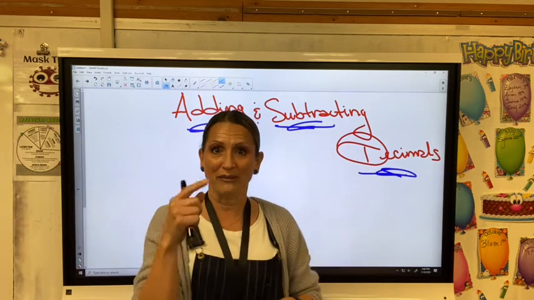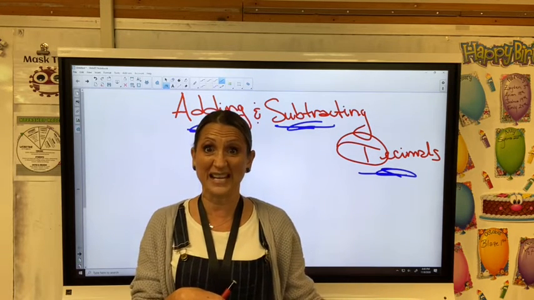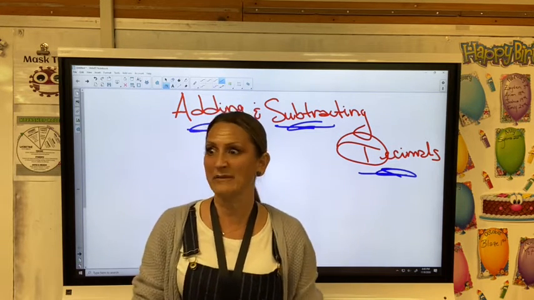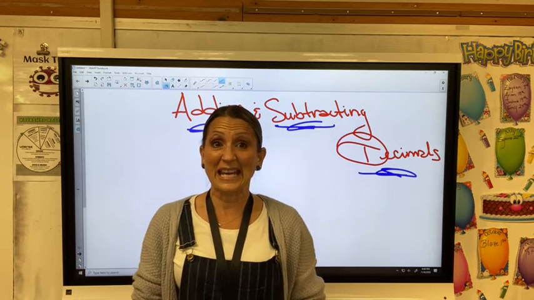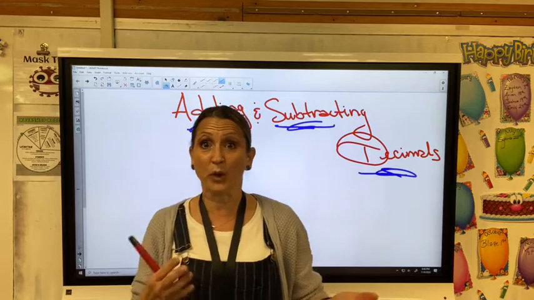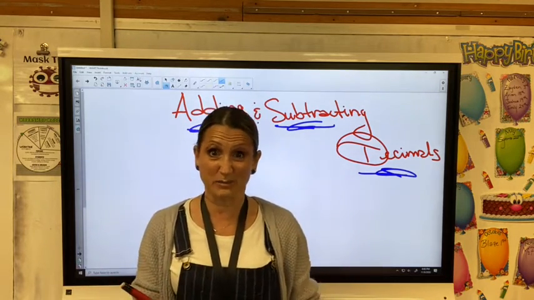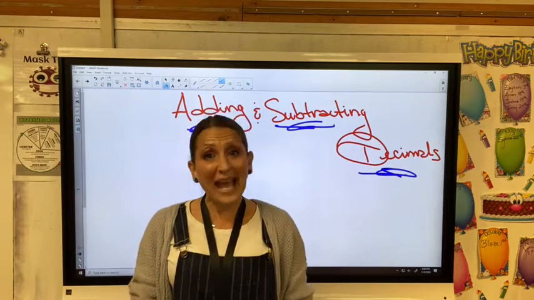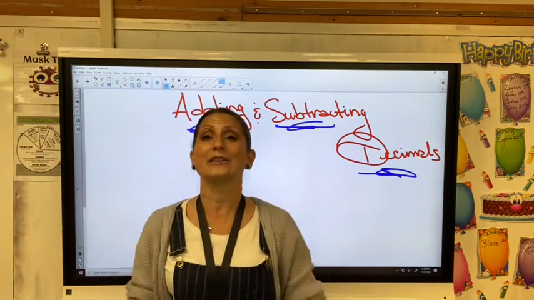If we've done exponents, you might see that in a problem. If we've done finding area, you might find that in a problem where they want to find the perimeter of a figure and it might include decimals in it. That's why you might find it difficult, but you can do this process.